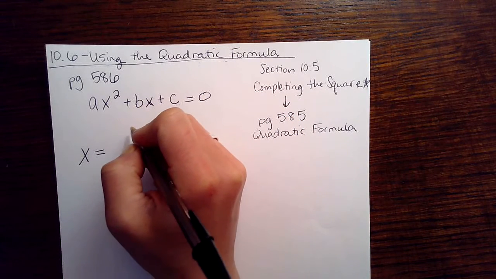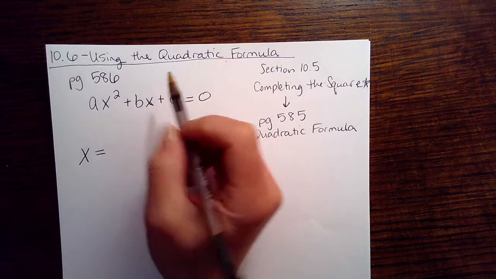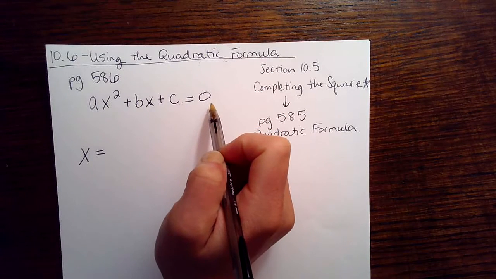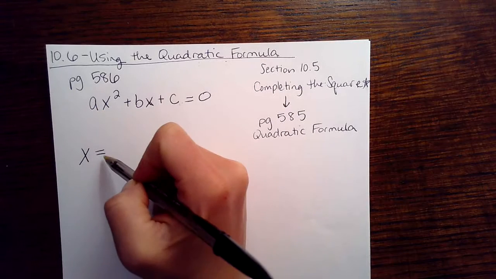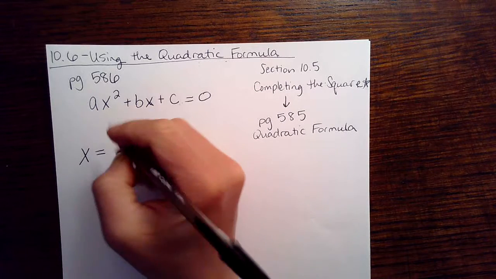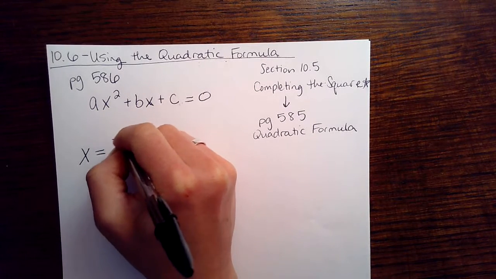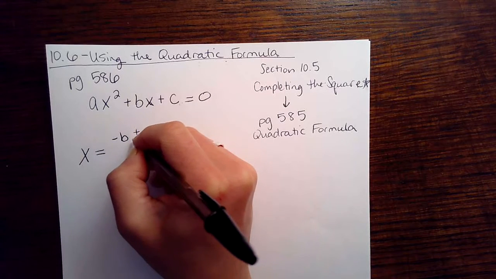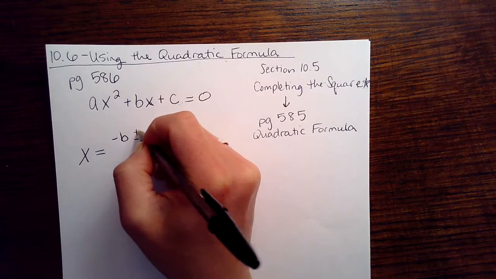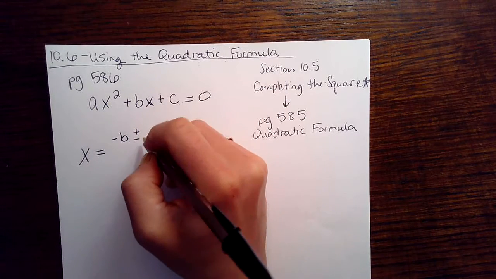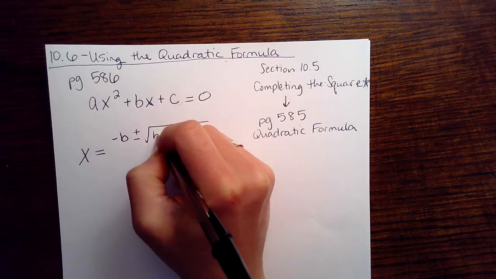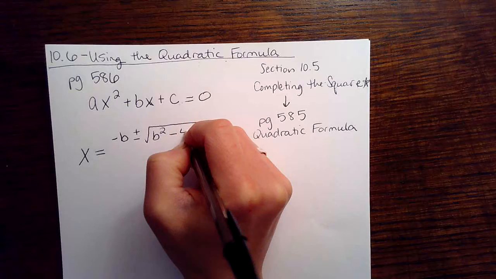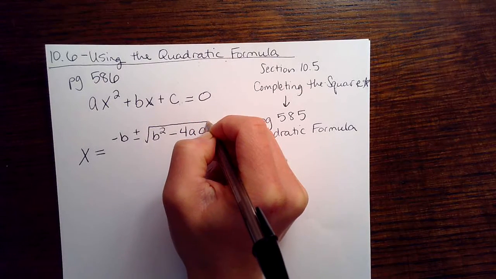You can see this on page 586. If ax squared plus bx plus c equals 0, and a is not equal to 0, then x is negative b plus or minus, which means we're going to add this and subtract, the square root of b squared minus 4 times a times c.